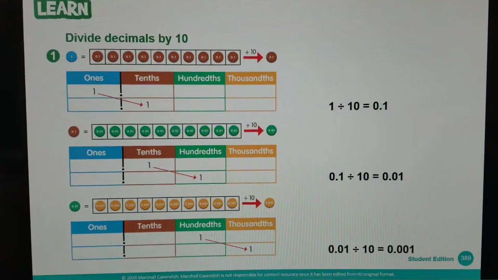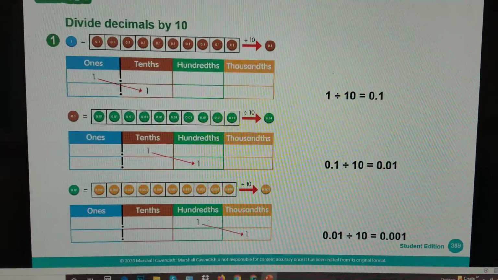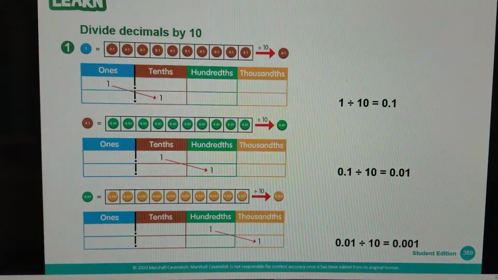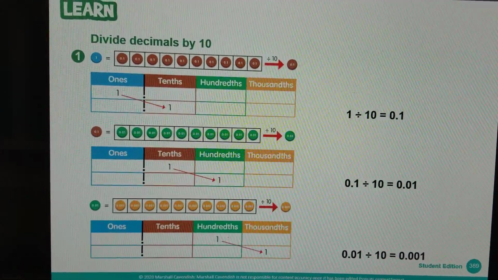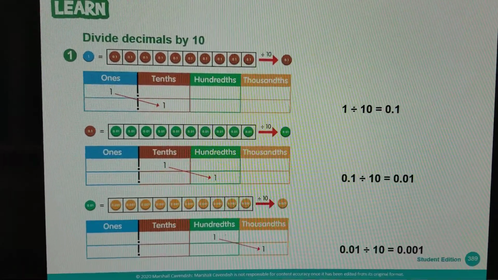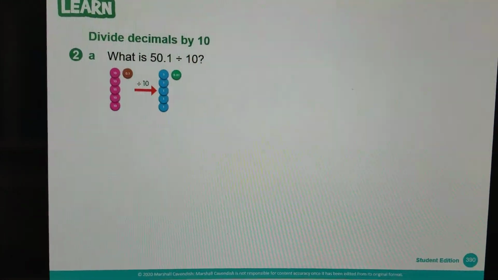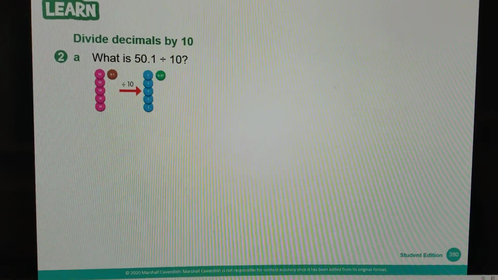Okay, it's very important for you to stay with me and follow along, because it definitely becomes more complicated than this, and I really want to make sure you guys can do this independently. Okay, so what if I'm dividing 50.1 divided by 10?